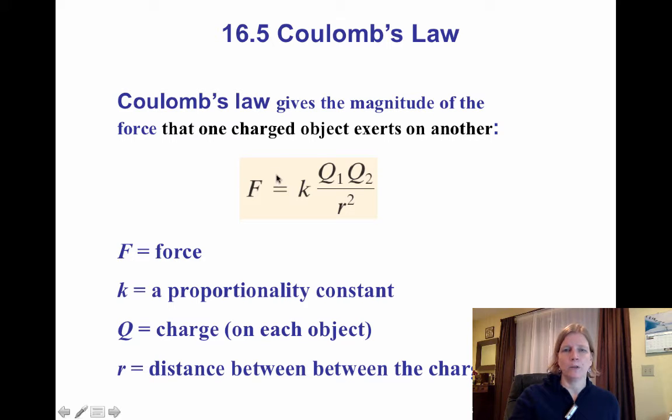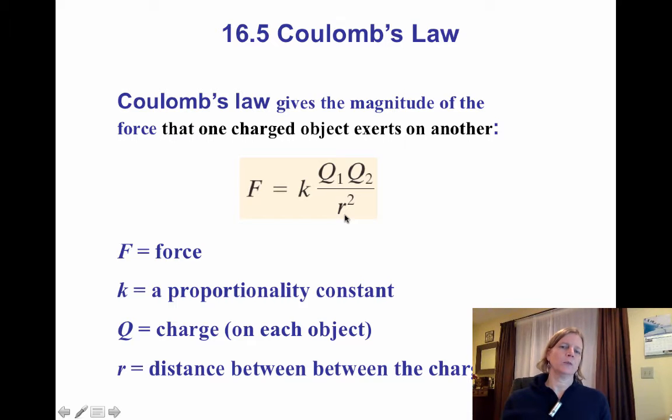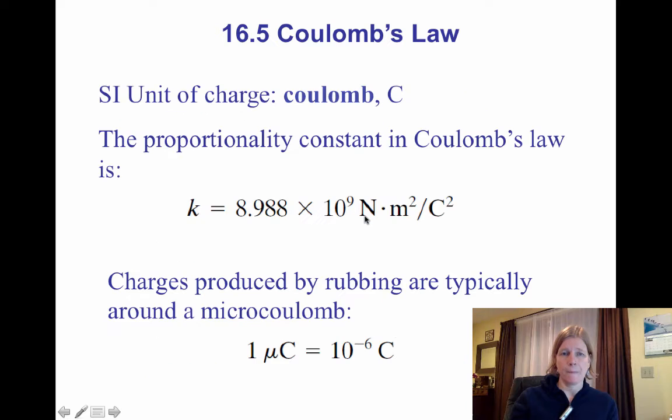Q1 is the charge on object 1, Q2 is the charge on object 2, and R is the distance between the two objects. And it isn't just inversely proportional to the distance, it's actually inversely proportional to that distance squared. So this is a better understanding of the quantitative relationship between the variables. So, F equals K Q1 Q2 over R squared.